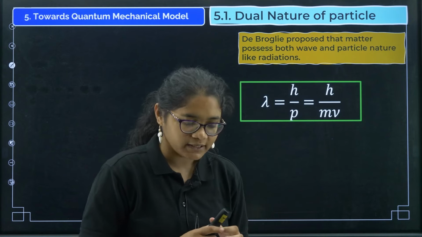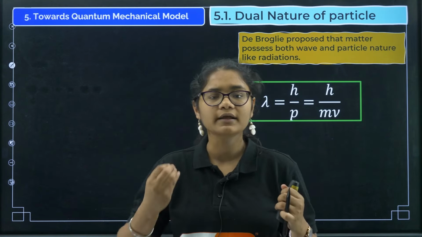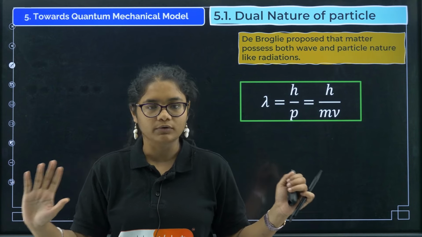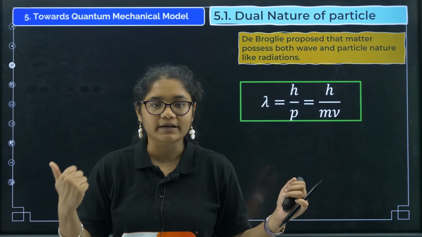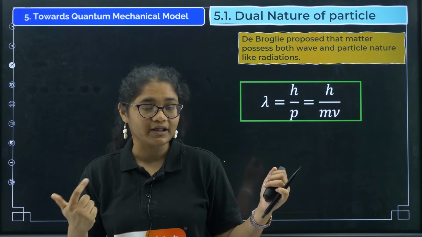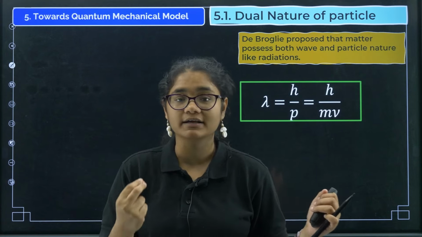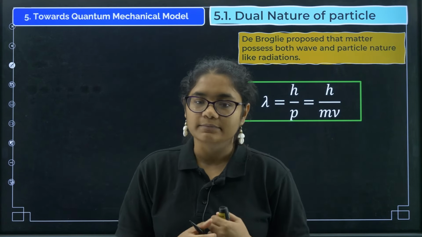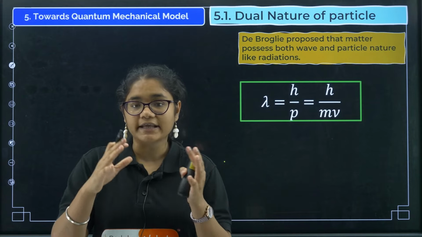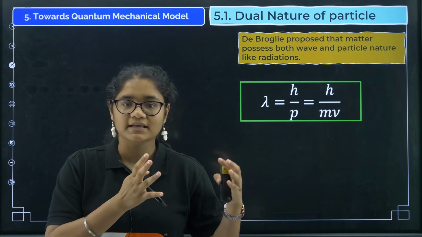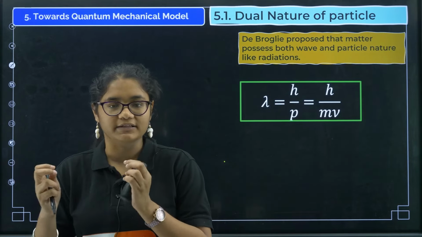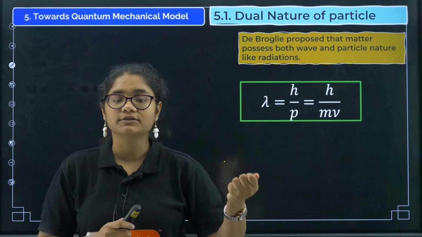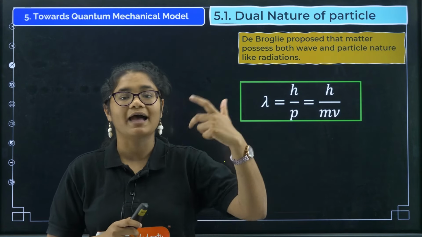Electromagnetic radiations having wave-like properties was known to us, but with black body radiation and photoelectric effect we came to know about the particle nature of electromagnetic radiations. Now the scientists said that if radiations can have two forms, particle nature and wave nature, then matter or particles can also have two natures, wave and particle.